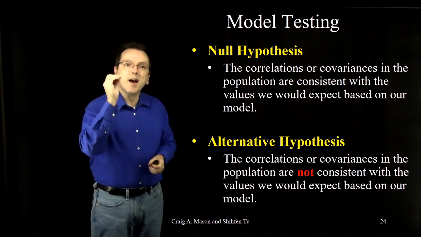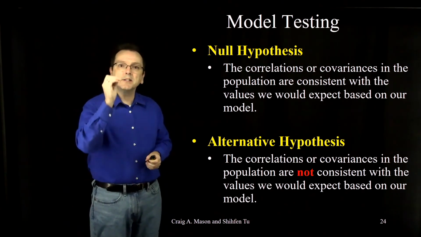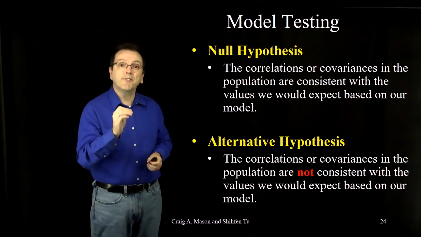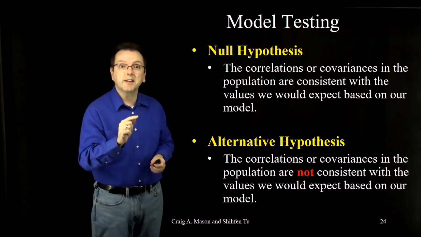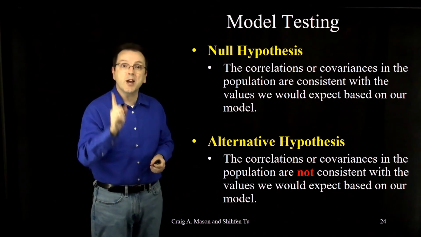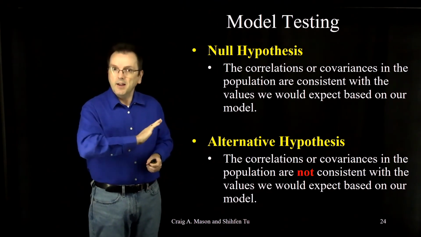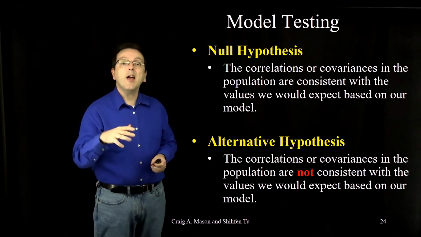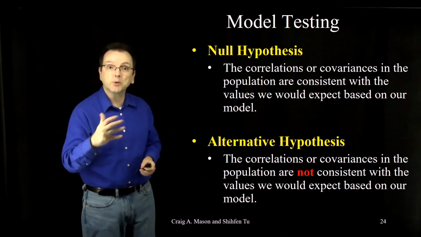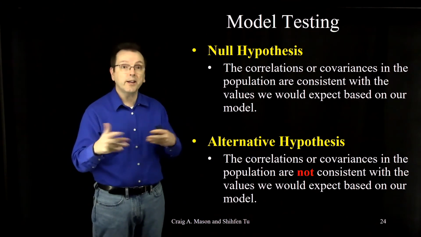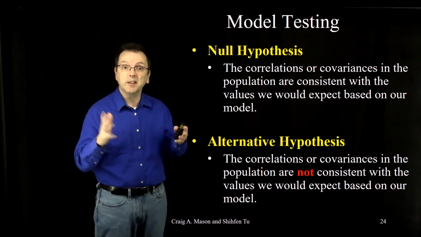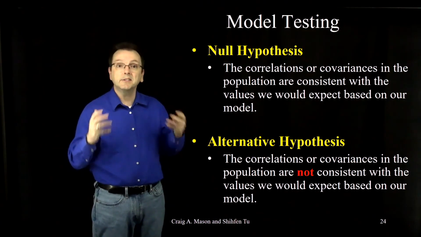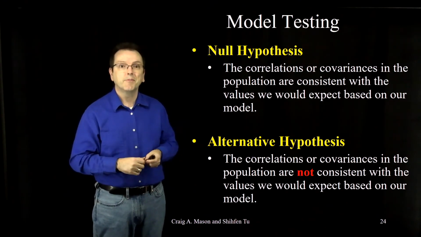Yes, this is the opposite of what we've wanted so far. But when we do a chi-square goodness of fit test for model testing, we don't want to reject the null. Think of it this way. I'm proposing a model and a non-significant chi-square indicates that the correlations or covariances in the population are consistent with what I would expect to see if my model is true.